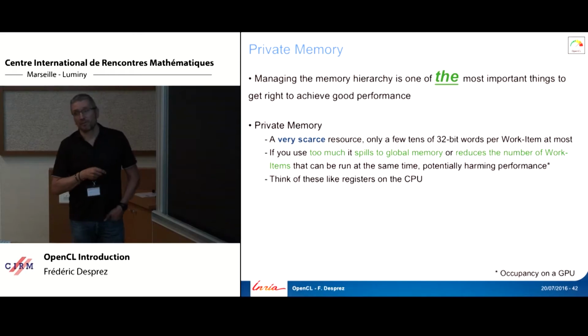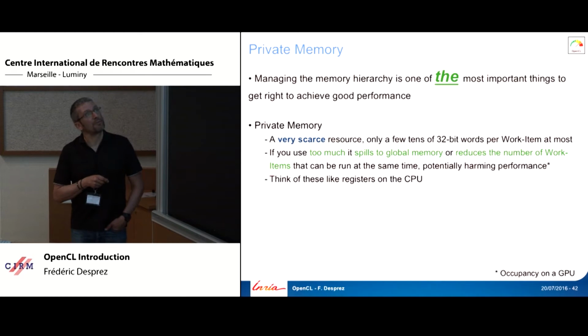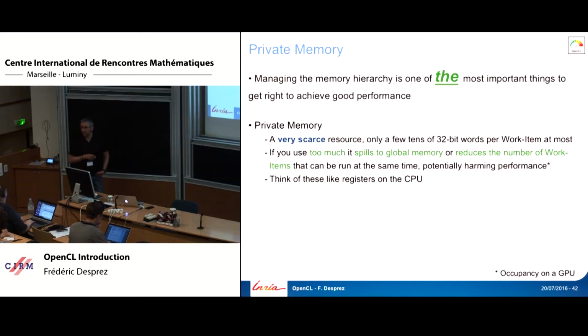You don't have a lot of items available. If you use it too much, it spills over to the global memory, which is not good because it increases performance overhead, or it reduces the number of work items that will run at the same time. We should think about this private memory as registers on the CPU, usually.